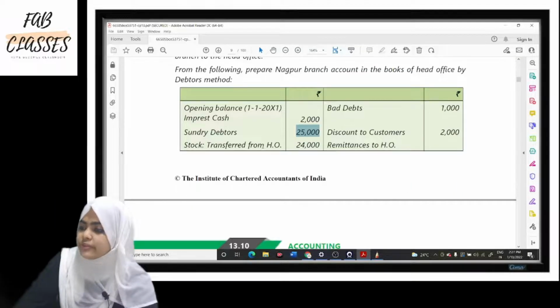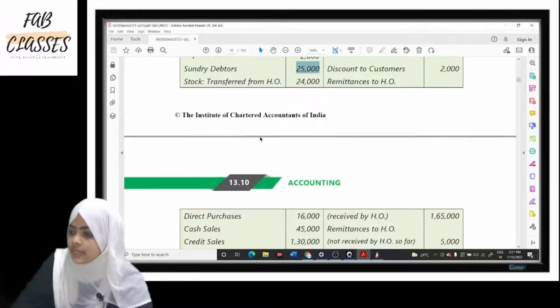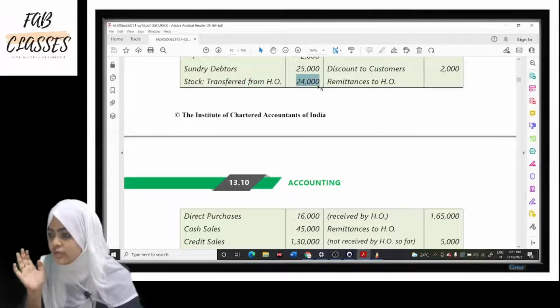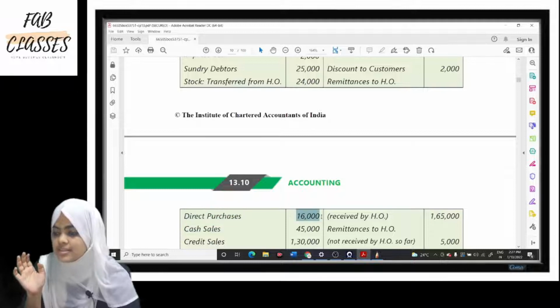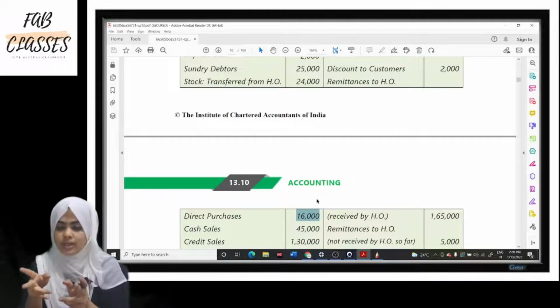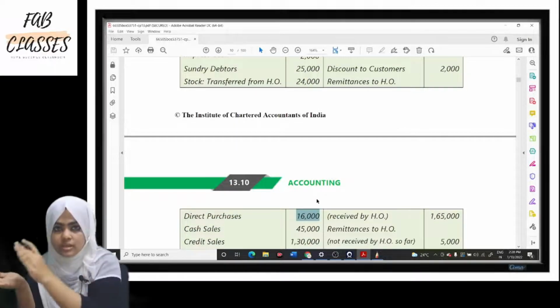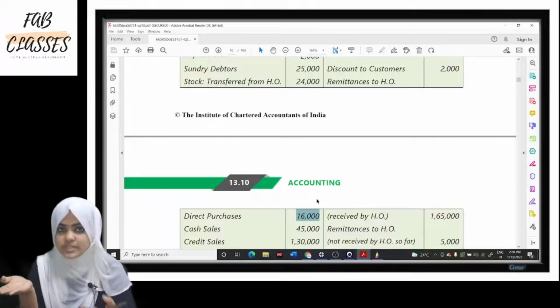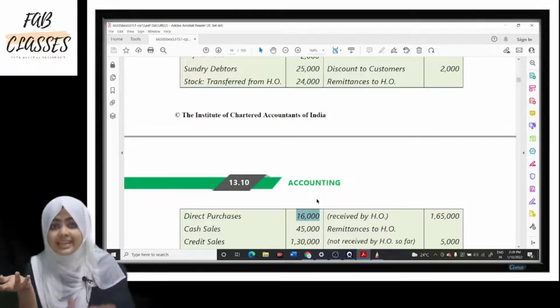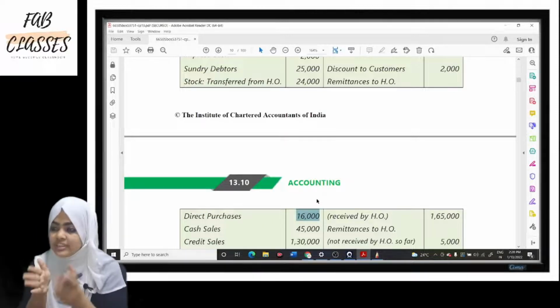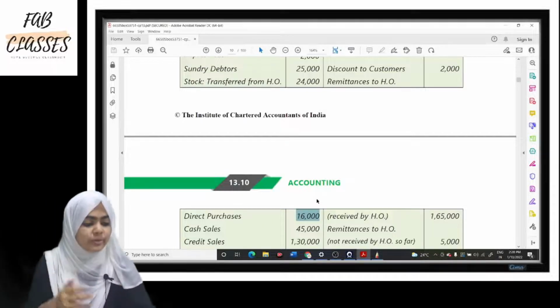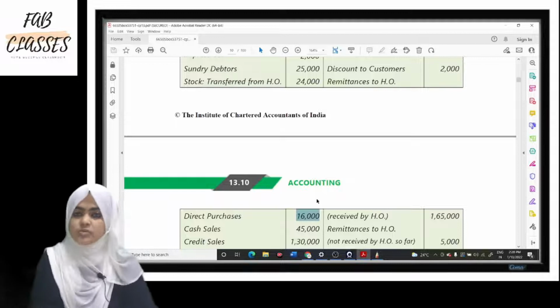Fine. Next, what is given? Opening balance of the stock is given, and in case of stock, the transfer from head office is 24,000 and direct purchases is 16,000. That is, stock consists of two items. One is the stock transferred from the head office, and another is what was directly purchased by the branch. So 24,000 of goods has been transferred from head office and goods worth 16,000 were purchased directly.